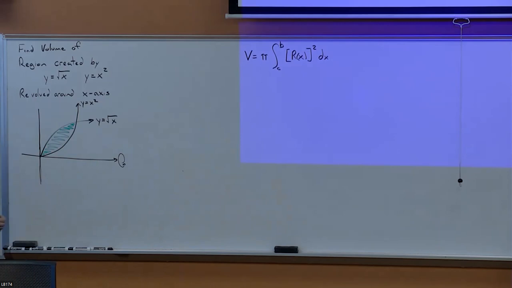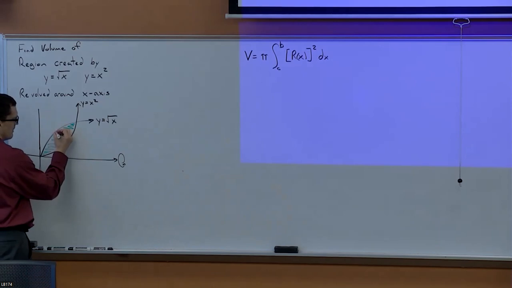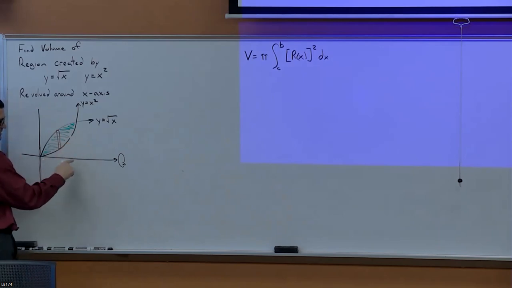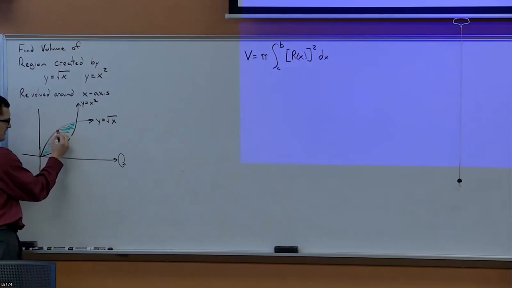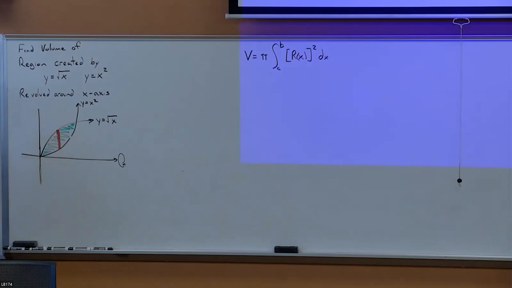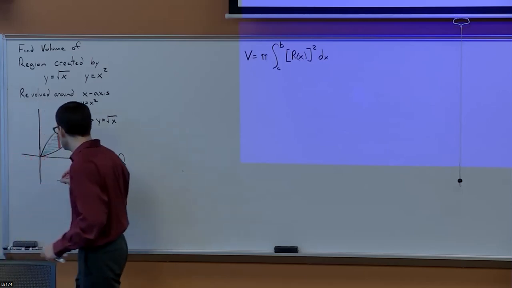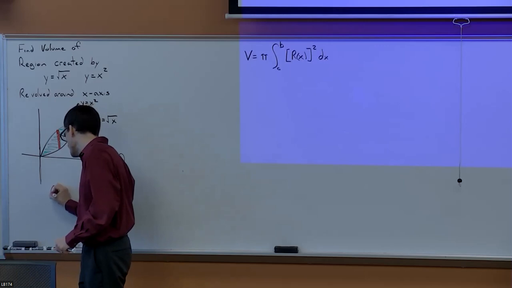What kind of objects are we getting? If I took a standard rectangle, and yes, because we're revolving around a horizontal line, it's going to be a rectangle done with respect to x. We're going to be integrating with respect to x, okay? Rectangles, width is a small change in x. If you revolve that around, you don't get a disk anymore.